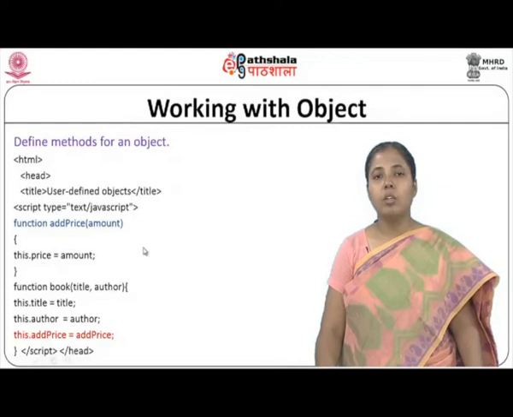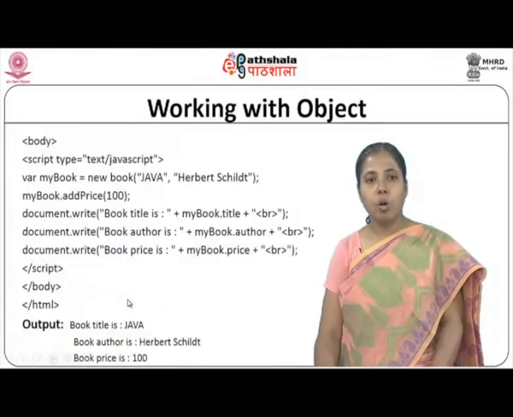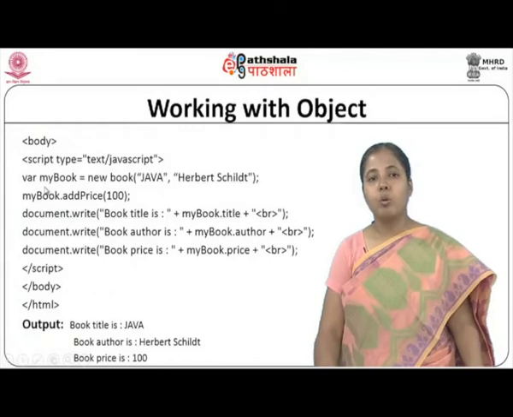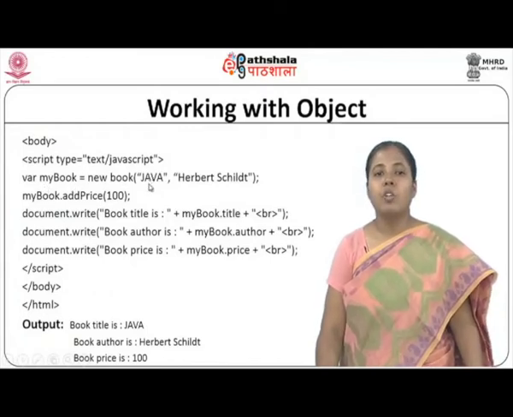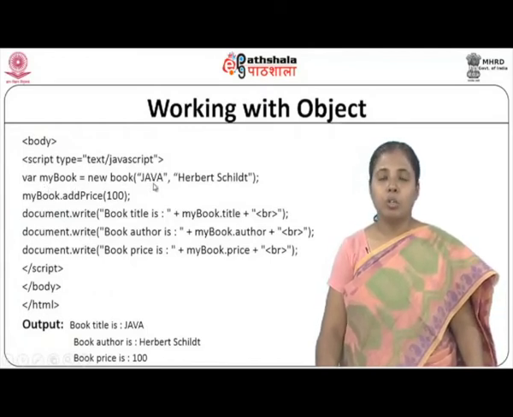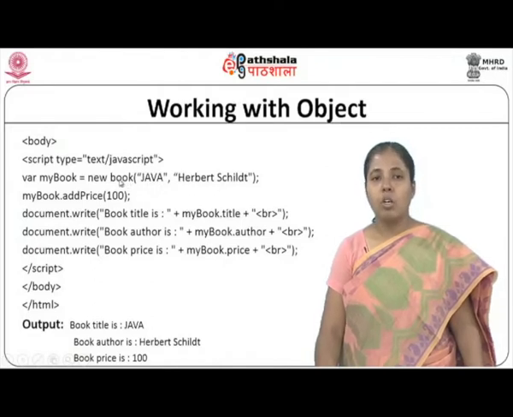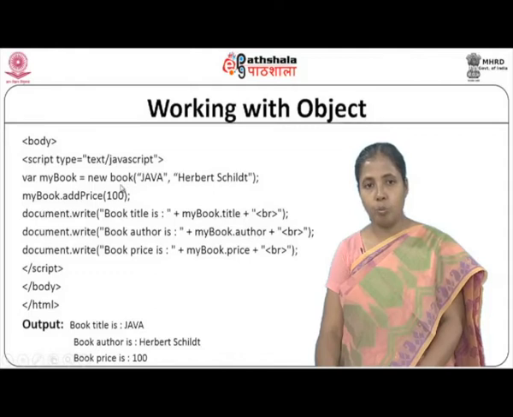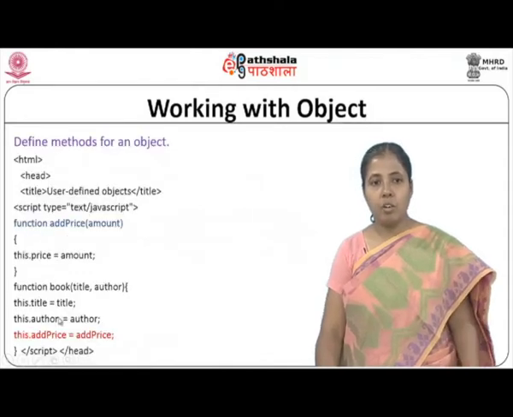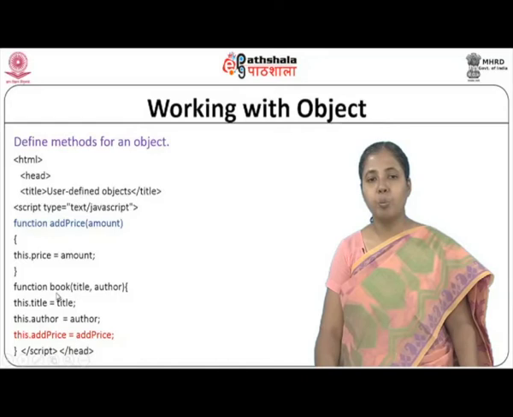And to work with objects, we also need to know how to define methods for an object. So here you can see that we create an object called myBook. myBook is an object which takes two values, Java and then Herbert Schildt. This is for the user defined object called book, which is defined as a function here. You can see here function book, which takes two things, title and author.